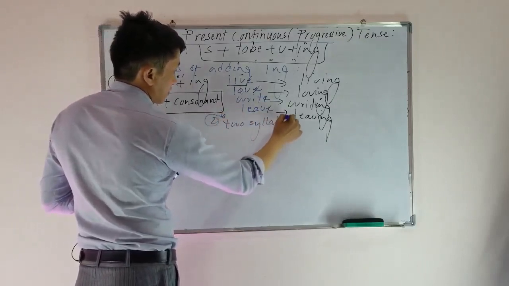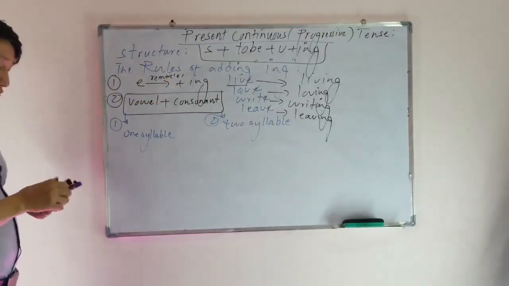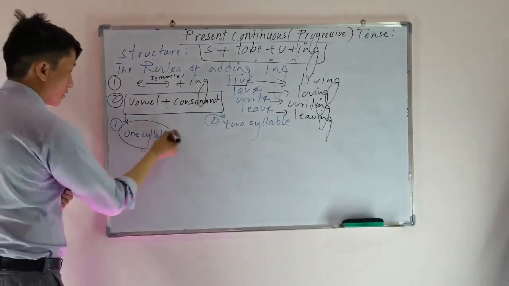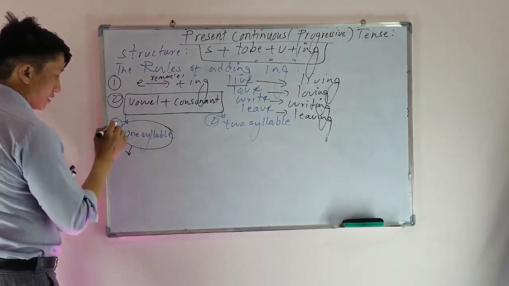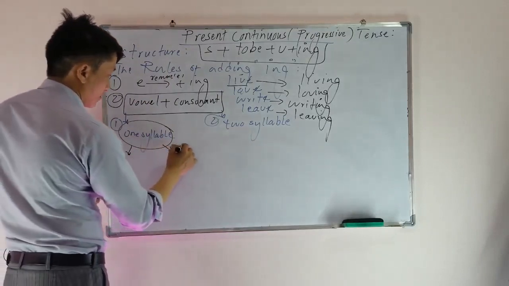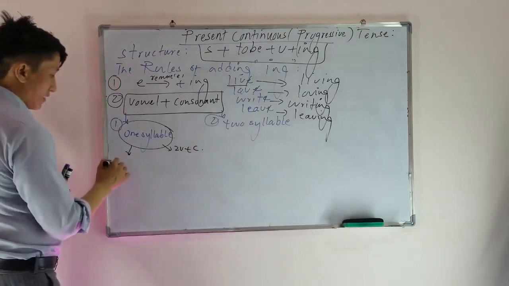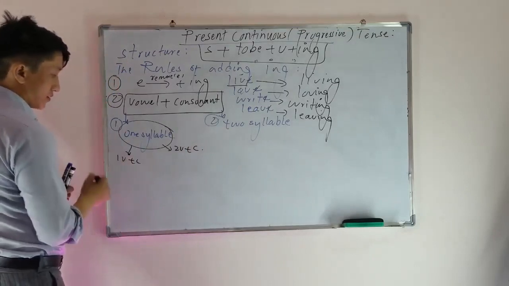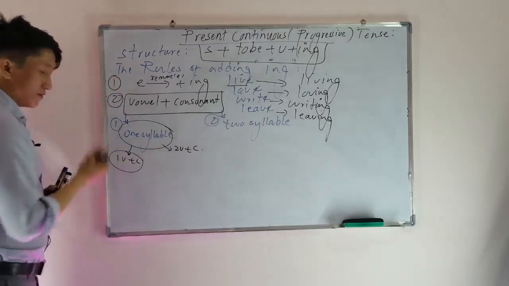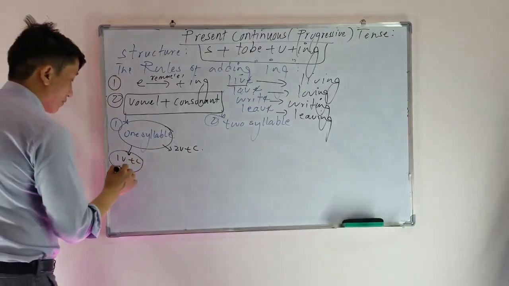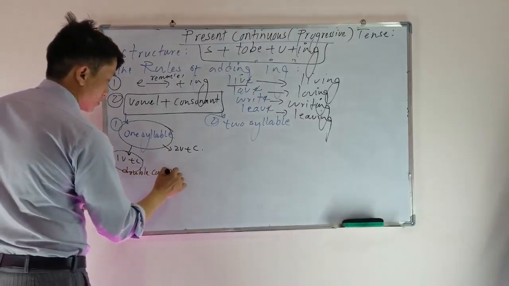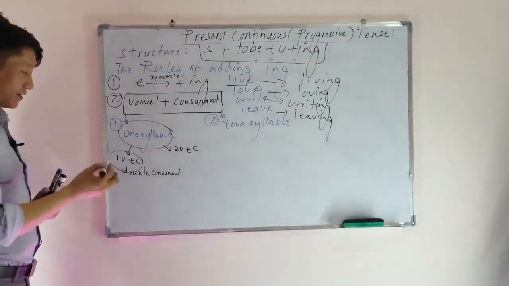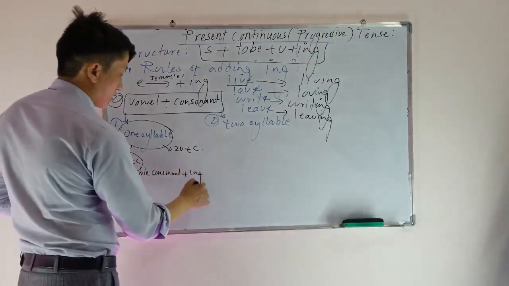If it's a 1 syllable verb, here we have 2 kinds of rules: 1 vowel plus consonant, and 2 vowels plus consonant. If it's 1 vowel plus consonant, we double the consonant, and after that we add ing.